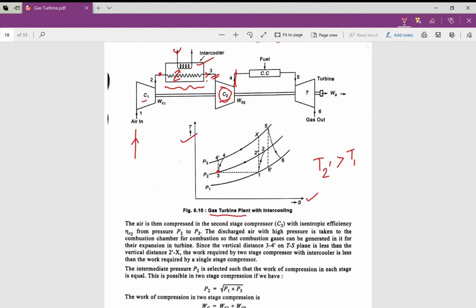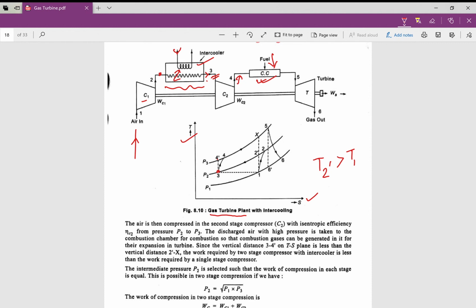Now after compressing in compressor 2, this compressed air is supplied to the combustion chamber CC, where fuel is supplied and then it burns inside the combustion chamber. So heat addition takes place in the combustion chamber only, that is in process 4 to 5.